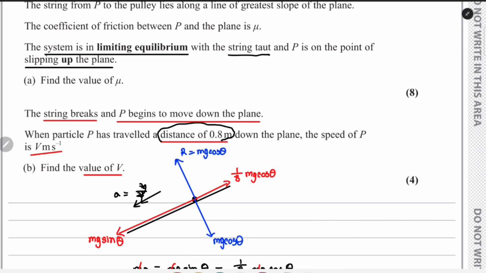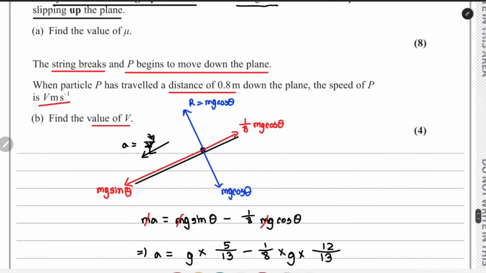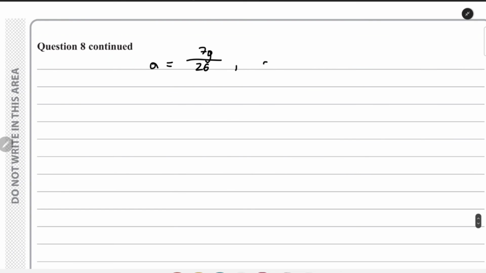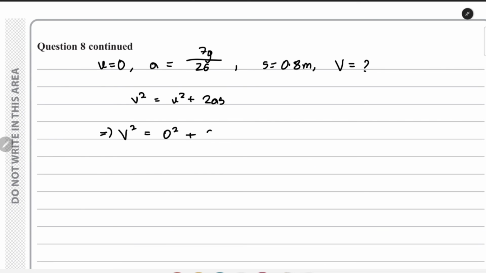We are given the distance it travels down, which is 0.8 meters. The final velocity is what we need to find. We also know that the initial velocity is 0 since it starts from rest. So we don't have time. So we'll use v squared equals u squared plus 2as. We'll have v squared equals 0 squared plus 2 into 7g/26 into 0.8.